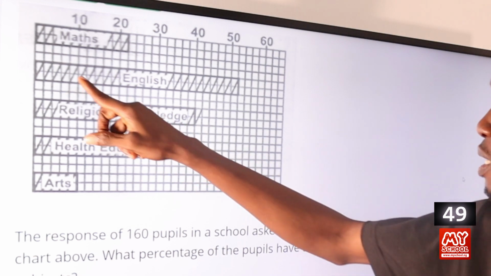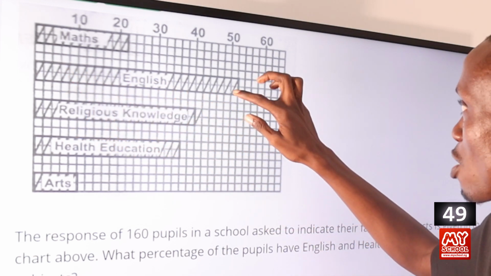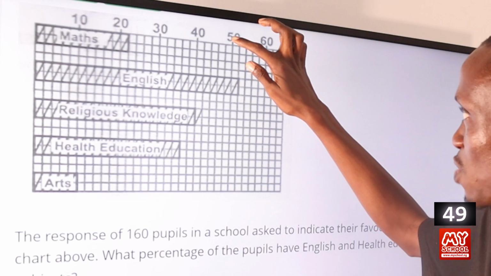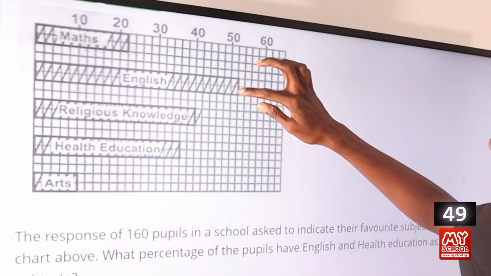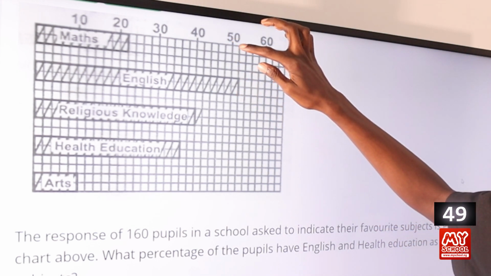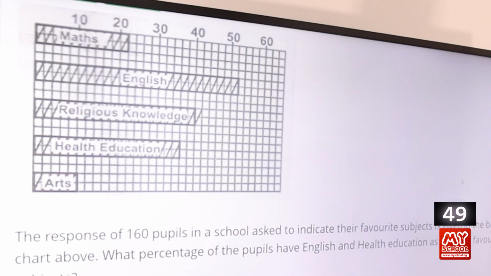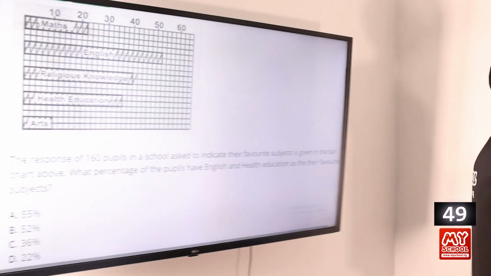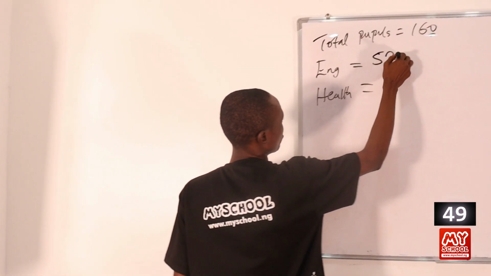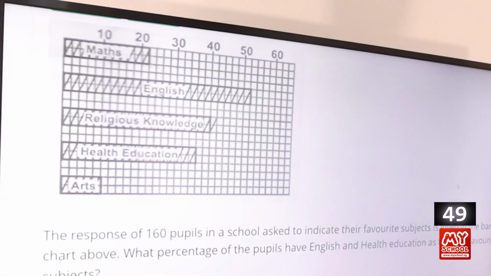So let's go for English. So for English here, we have 50, then the last mark here, which is on the first box, will be equal to 52. So the number of students that say English is their favorite subject is 52. Let's move over to the board and write it down, 52. So let's return back to the screen to do the same for health education.